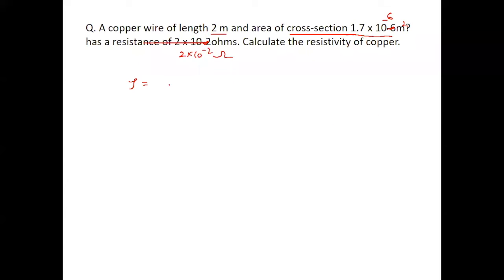So we know that the formula is resistivity equals resistance times area of cross section divided by L. R is given as 2 into 10 to the minus 2 ohm. Area is 1.7 into 10 to the minus 6 meter square.